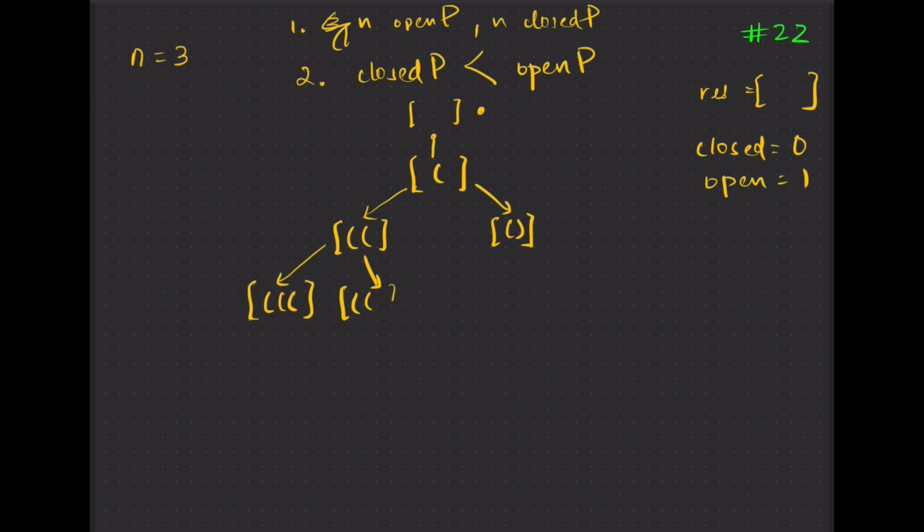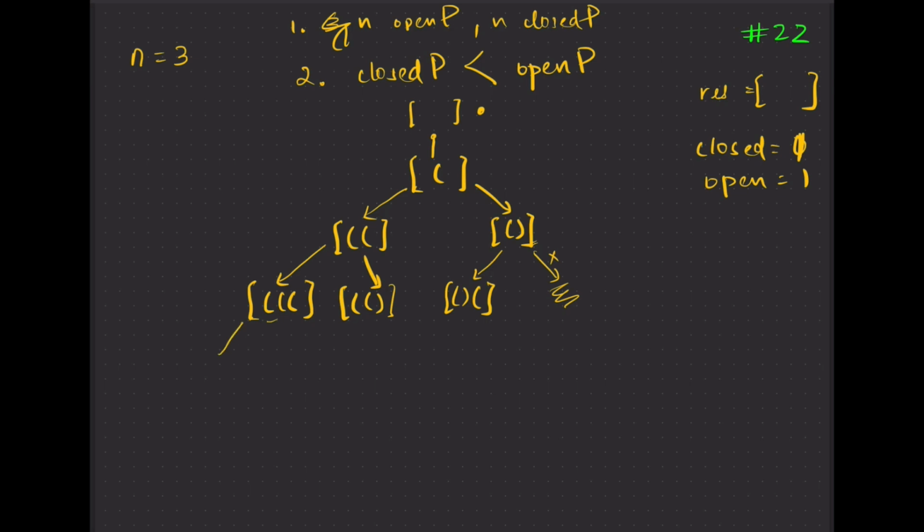So we can close this one, since we chose to open it on this side. For the one on our right, we can either choose to open one like this, but we cannot choose to close one, right? Because the number of open parentheses is the same as the number of closed parentheses at this point, which is 1 and 1 here, and that means we cannot have a closing value here. So this is discarded.